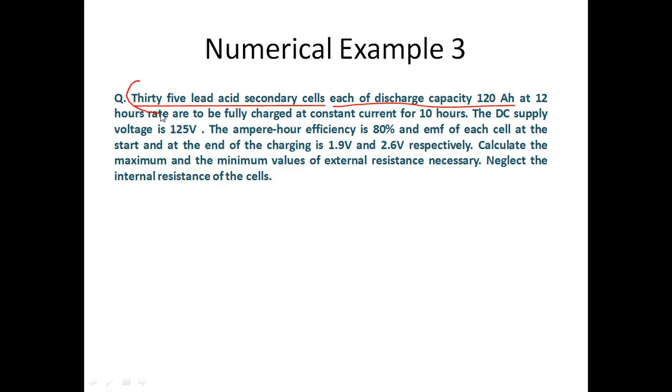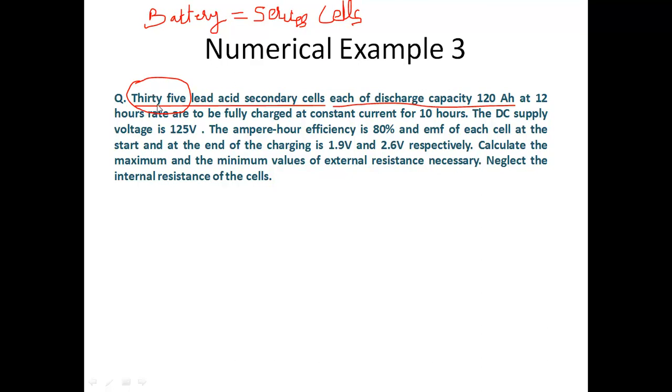So here the term 35 cells. These secondary cells, if you remember the definition of battery, a battery is a series combination of individual cells.